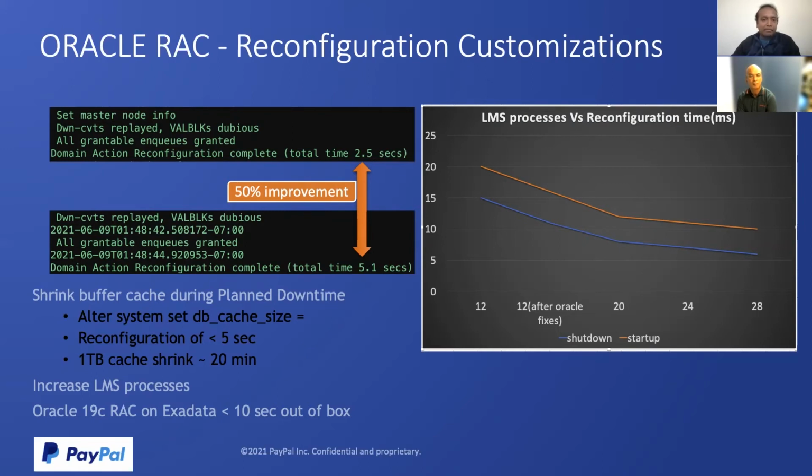Some of these things you have to plan for your environment. In our case, we were seeing 1 TB of cache, and we were able to shrink it within 20 minutes because our downtime is more important than the patching time. So we go with this approach. And as I said, in Oracle 19C, all these optimizations on the LMS process side and other areas have been happening out of the box, and there is an improvement already. Great. Thank you so much, Pramod.